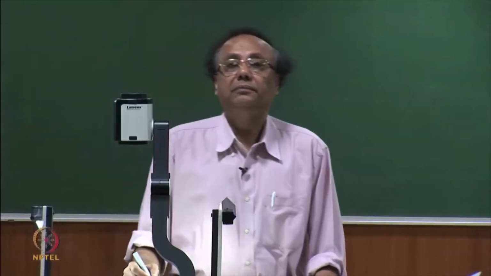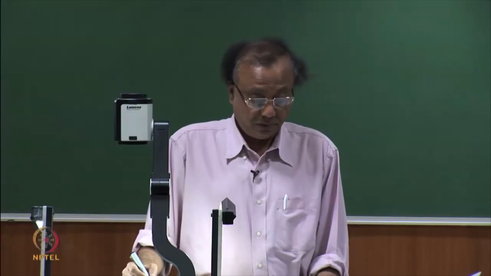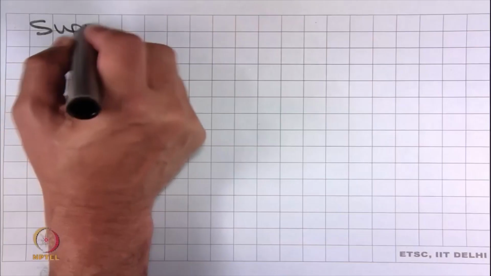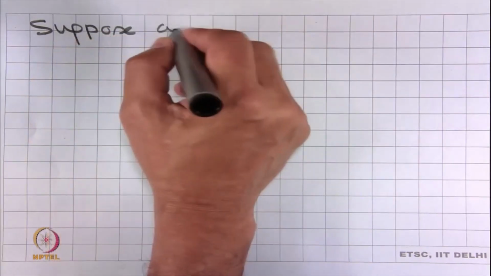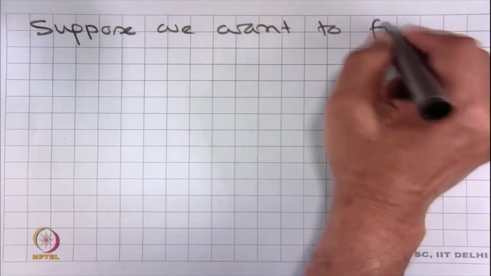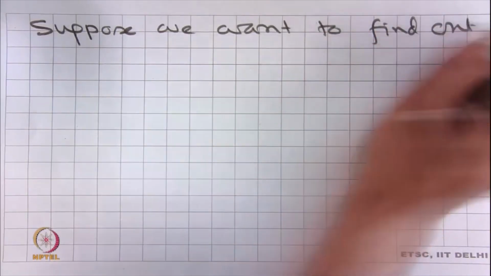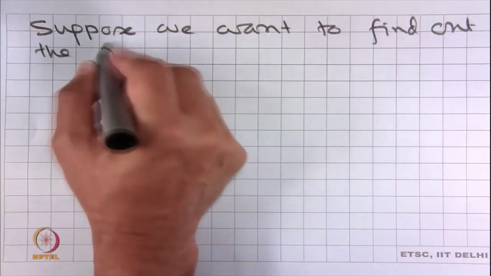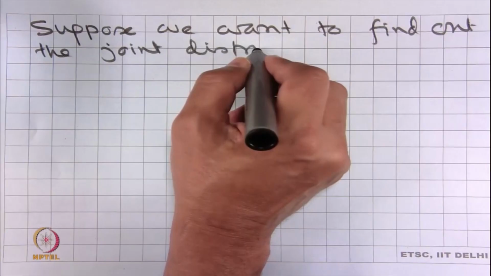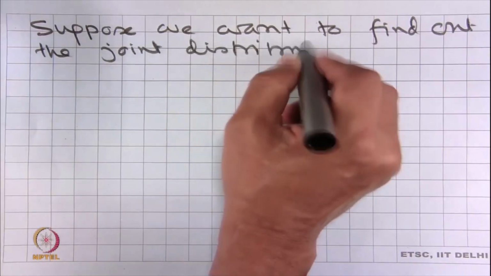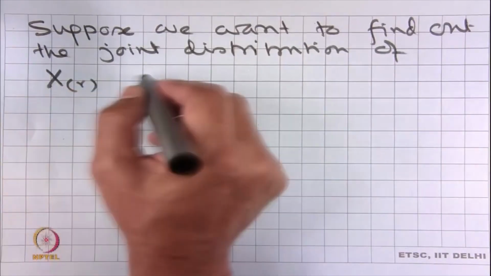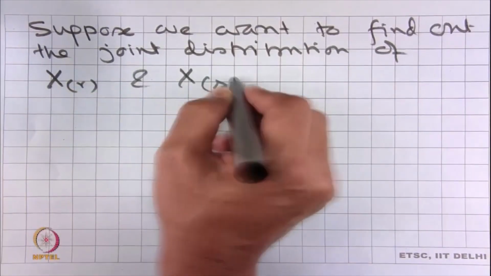Now, we can go slightly further. Suppose we want to find out the joint distribution of x r and x s.